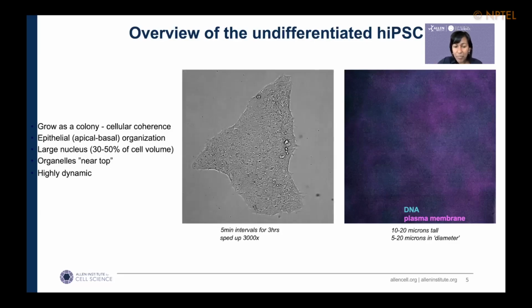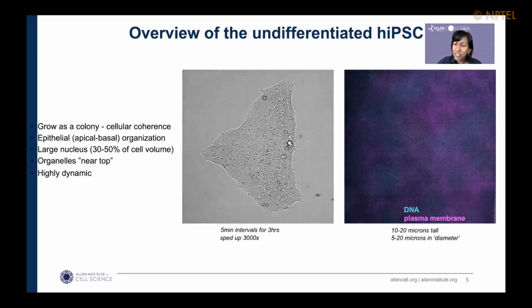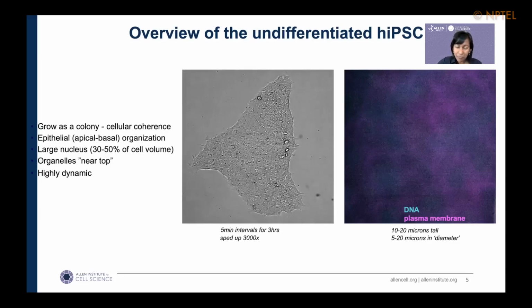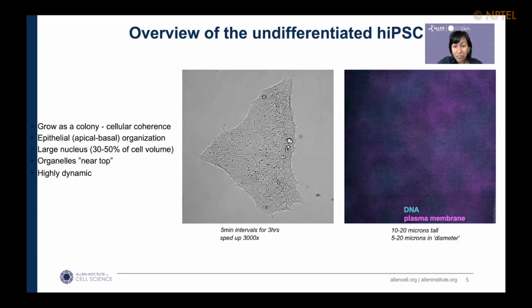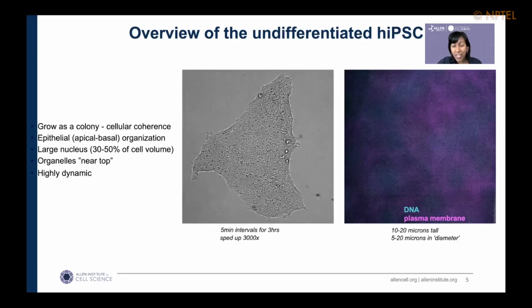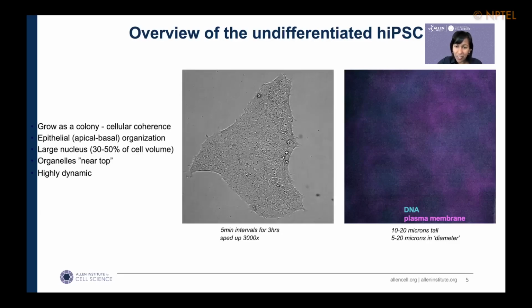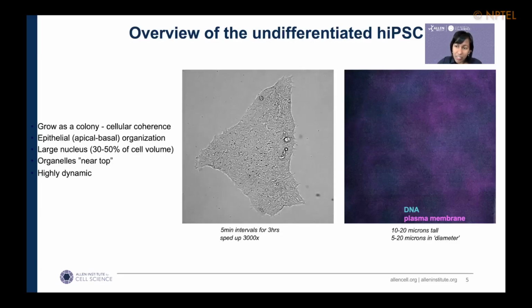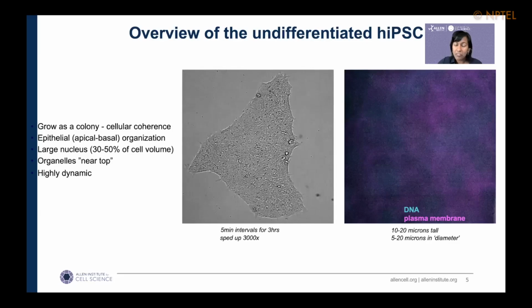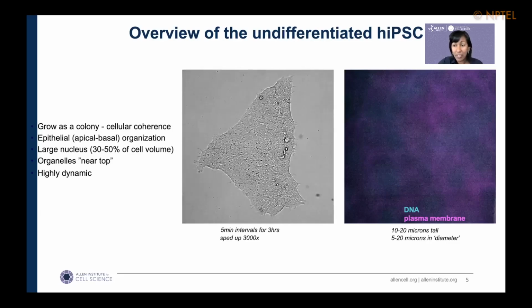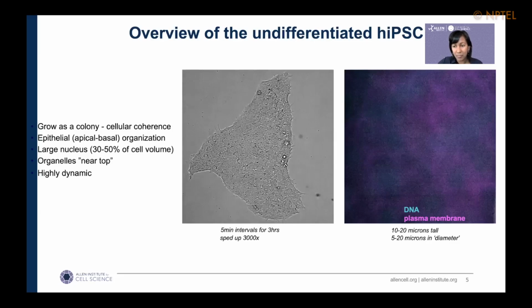And they're very happy. And so this is a movie of 3 hours sped up. So they don't like to live alone and they like to move. So it's a very dynamic epithelial sheet. So it's a really good opportunity for us to understand epithelial-like cell biology with these stem cells.